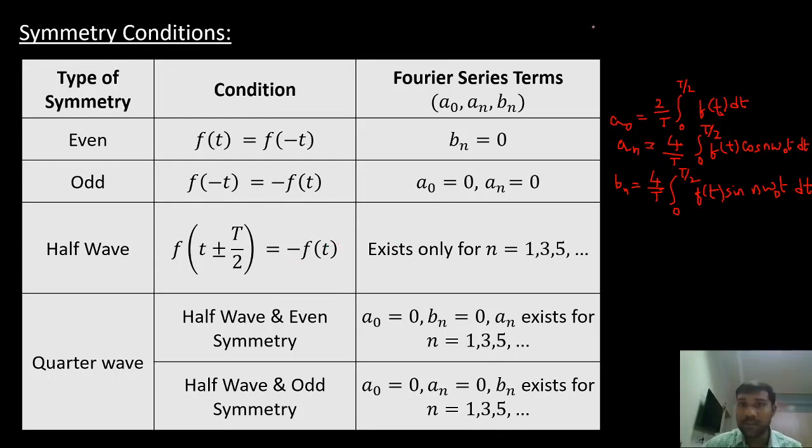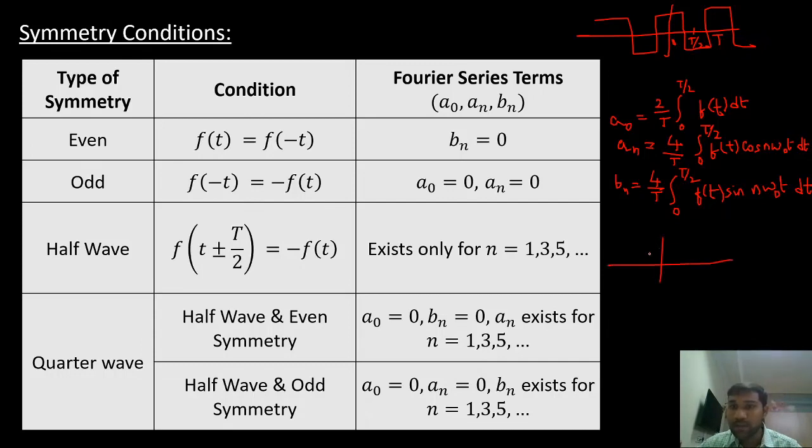The same signal which we considered previously, I'll just take. This was the signal we considered, from 0 to T. Now, what is the half time period of this signal? It is T by 2. Now I will shift my original signal by T by 2. So what will I get?